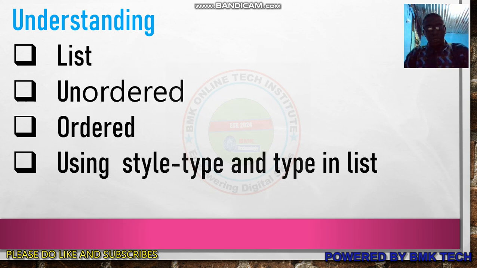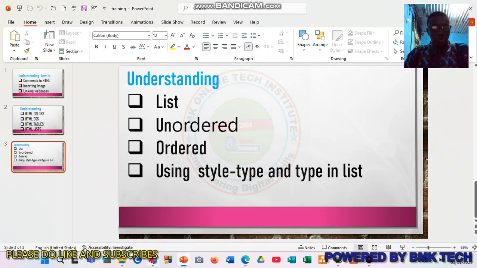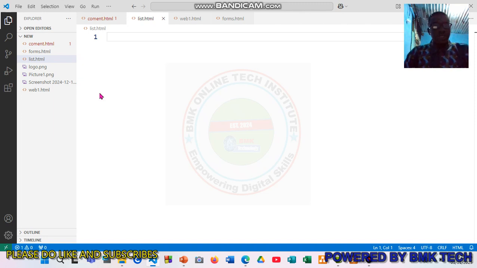So now we dive into our code editor, Visual Studio Code, or if you are using Sublime, that is fine. You have to create a file called list.html, and in this list.html we need to input the HTML syntax.